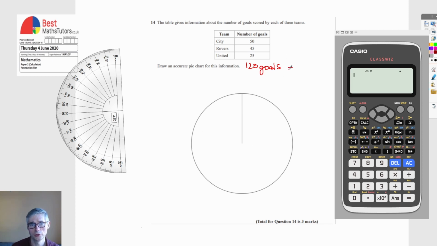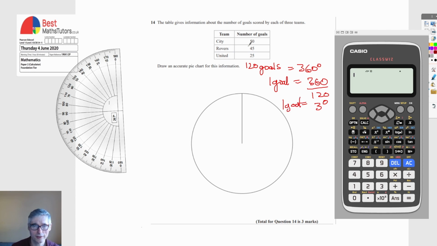So in a circle we have 360 degrees, and that will allow me to work out the angle that one goal would represent. So one goal is going to be represented by 360 divided by 120. If I work that out, one goal is actually going to be 3 degrees. So that's one goal.